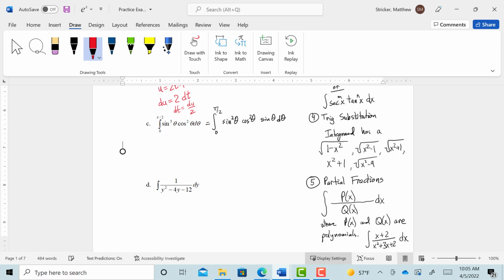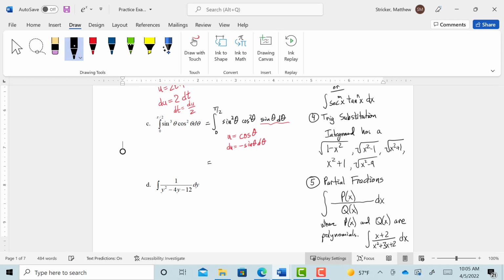And then we can just use a substitution because we can let u be the other function. So let u be cosine, which means du is going to be negative sine theta d theta, and that's our part that we peeled off, right? Except that it doesn't have the negative, but that's all right.